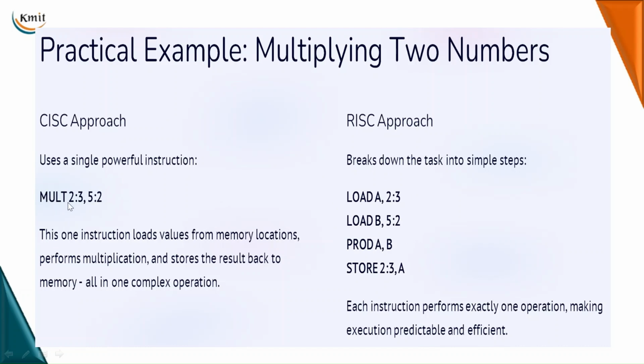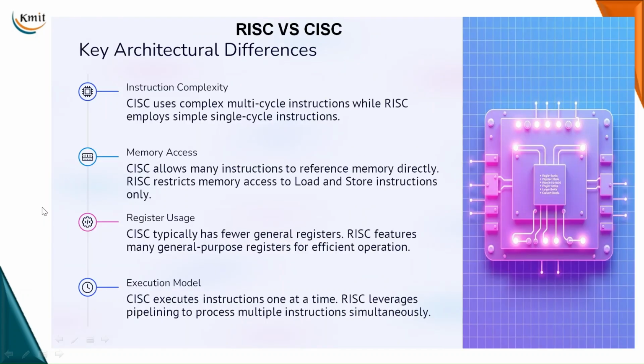If I give MULT 2 3 and 5 2, it directly performs the operation, as we know that CISC performs operations directly on the operands stored in the memory. So the one instruction loads the values from the memory location, performs a multiplication operation, and stores the result back to the memory location. All these steps are performed in one complex instruction in case of a CISC approach.